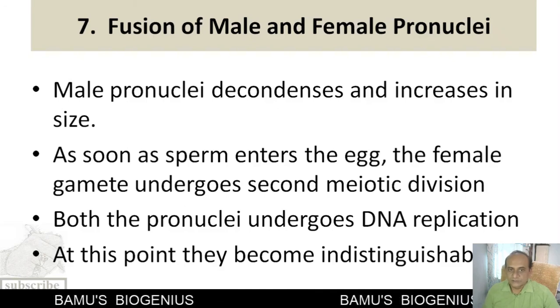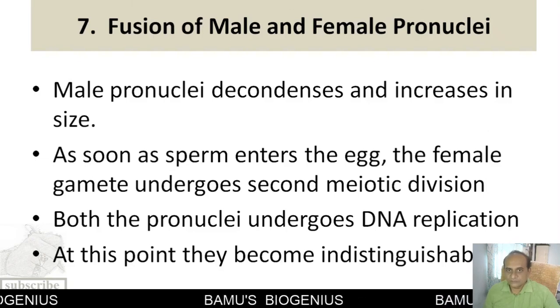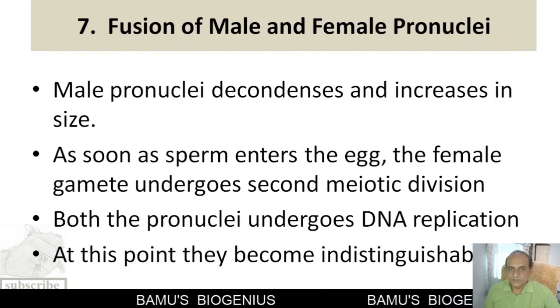Now, the male pronucleus of the sperm that enters decondenses and increases in size. At that same time, both the male and female pronuclei undergo DNA replication, and now they have a pair of chromatids in each chromosome.